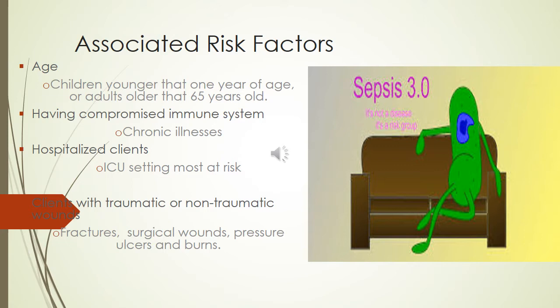Also, hospitalized patients, especially those in ICU settings, are at higher risk. Clients with traumatic or non-traumatic wounds, such as fractures, surgical wounds, pressure ulcers, and burns, are very susceptible to becoming septic.